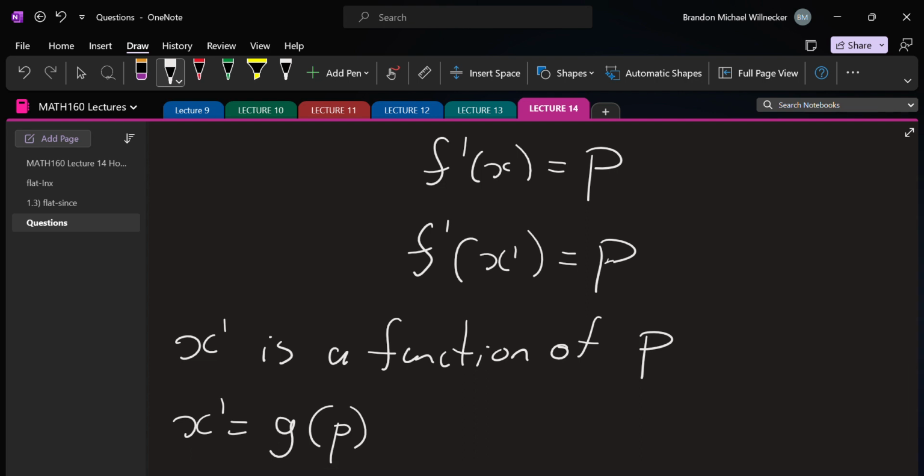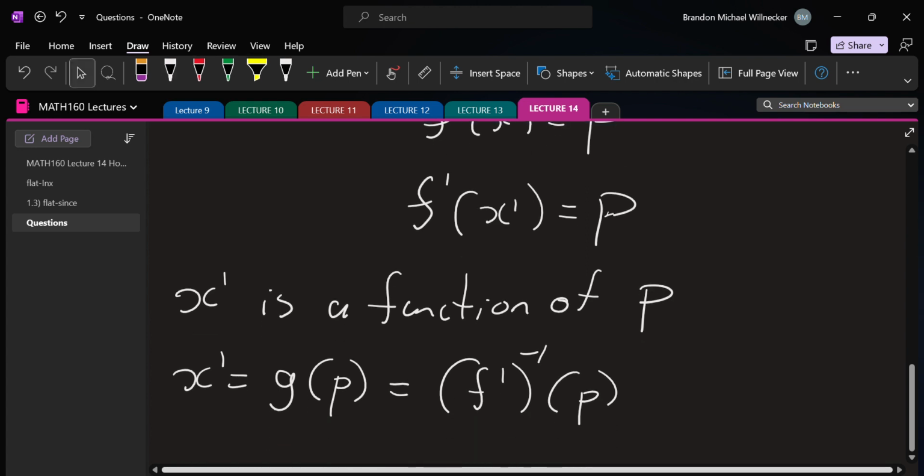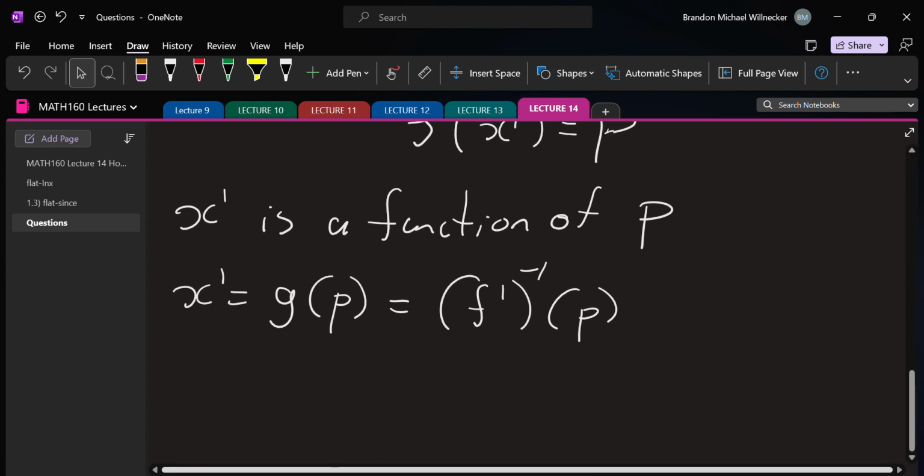This g of p is just shorthand for the inverse of the derivative, f prime inverse of p. Instead of writing all of that, I'm just going to call it g.